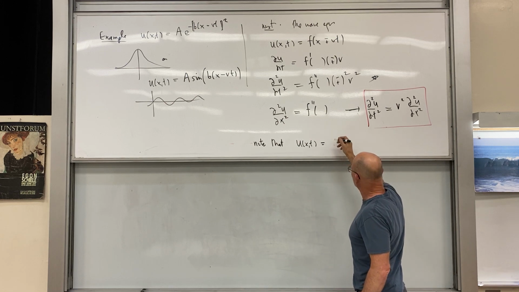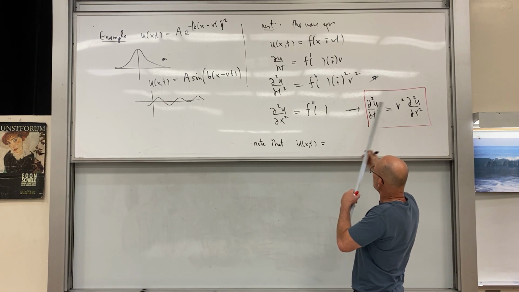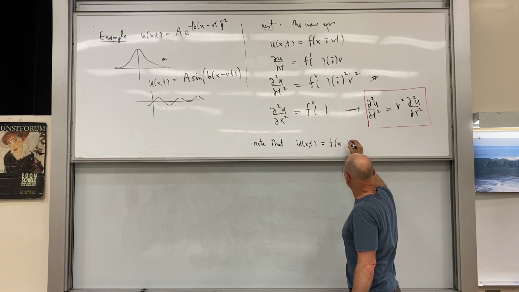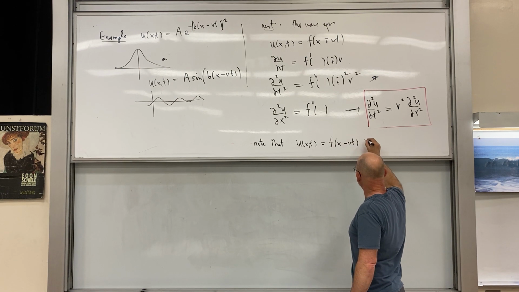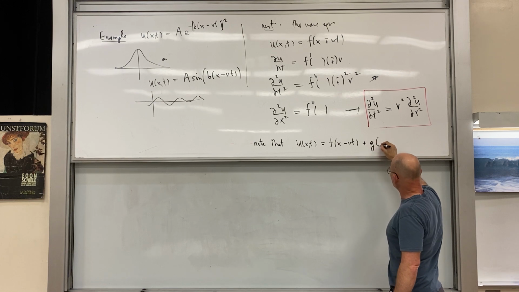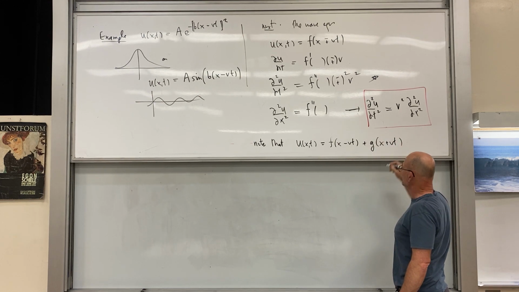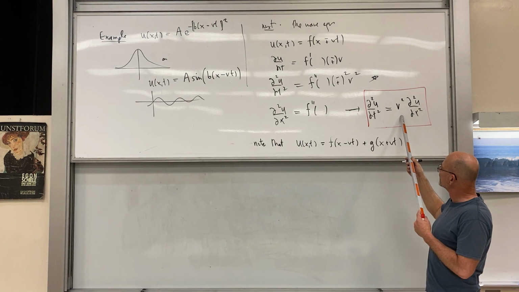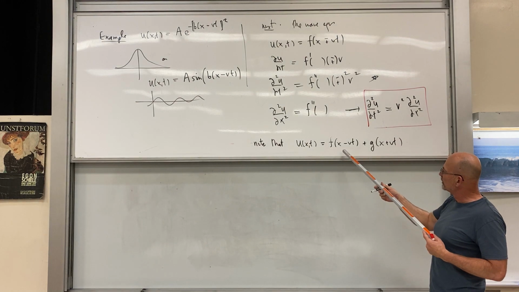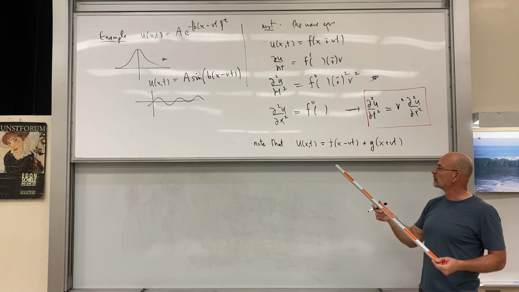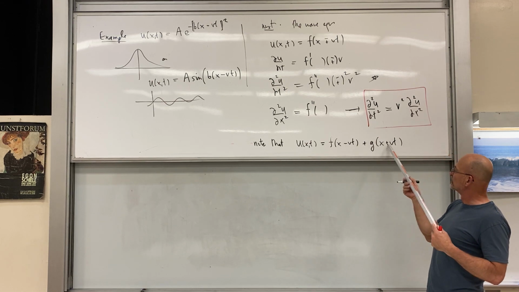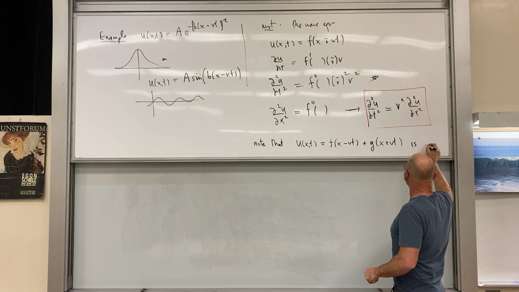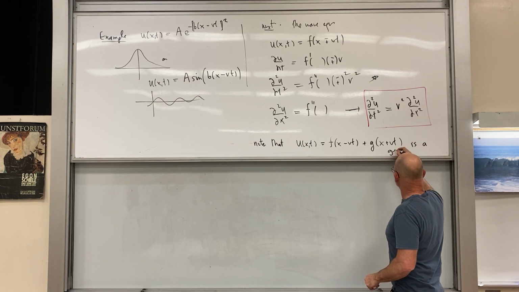Since these differentiations are linear operations, we could have f of x minus vt plus, say, g of x plus vt, which would also be a general solution to this differential equation. And that would be one part moving to the right and one part moving to the left. So this is a general solution.